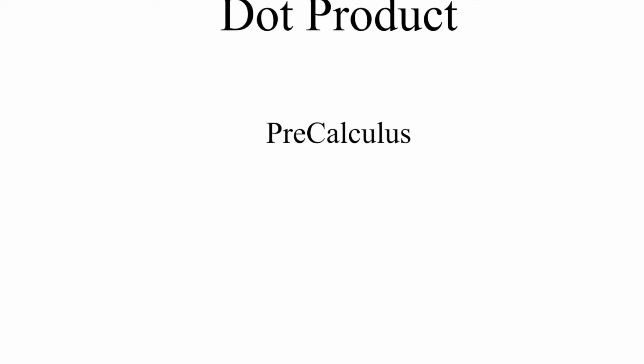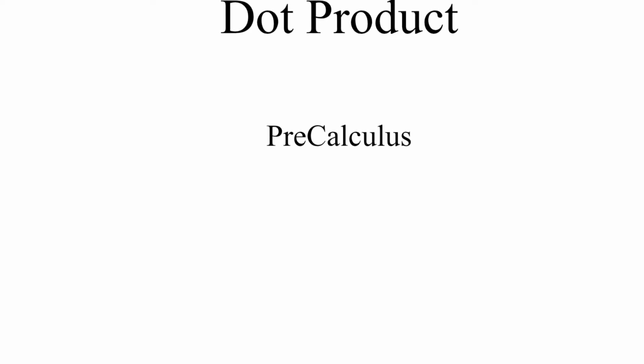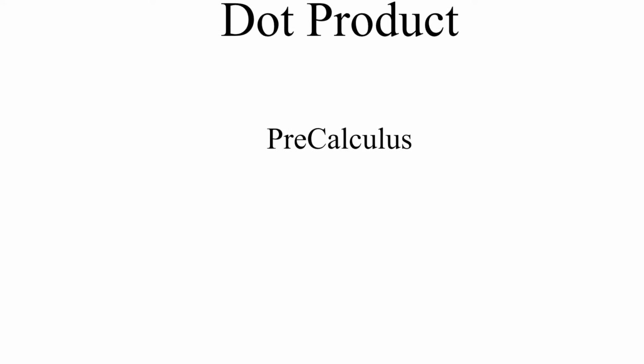Example 2. Find the dot product of the two vectors shown. We can immediately see that the magnitudes of the two vectors are 7 and 6. We can quickly calculate that the angle between the vectors is 150 degrees.